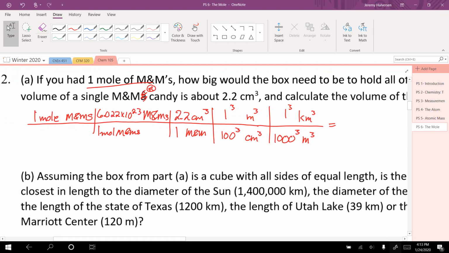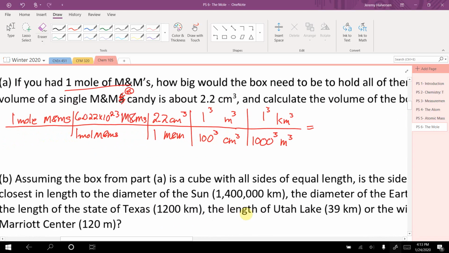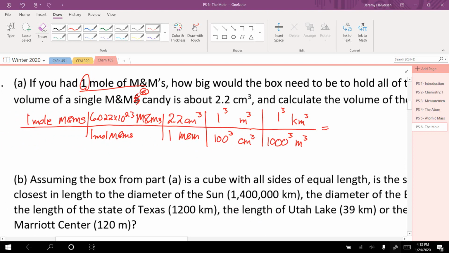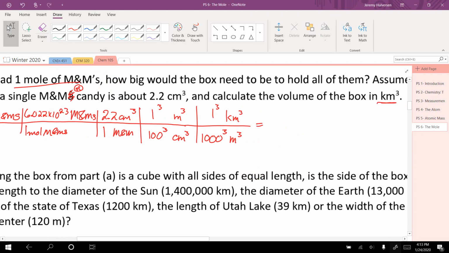When I do that, my calculator gives me a big number. I can have 2 significant figures. Actually, technically I only have 1 mole of M&Ms, but I'm going to use 2 significant figures because I can: 1.3 times 10 to the 9th.